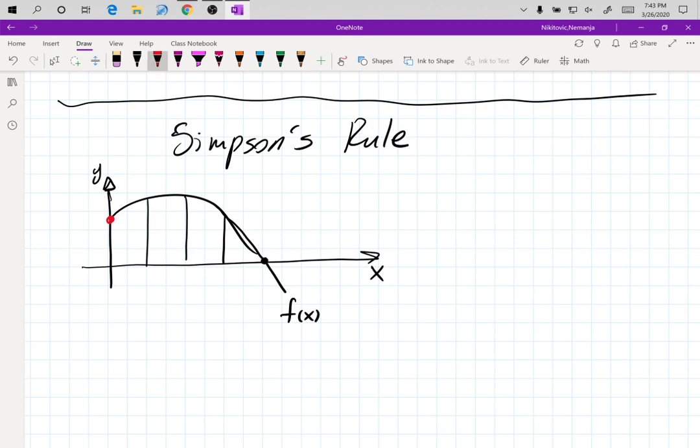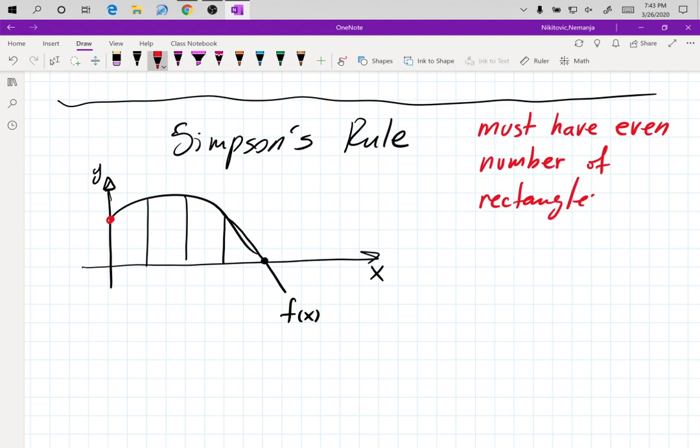So here is another one here. For Simpson's rule, let me write that in blood. Must have even number of rectangles, which is number n. The method will not work otherwise.